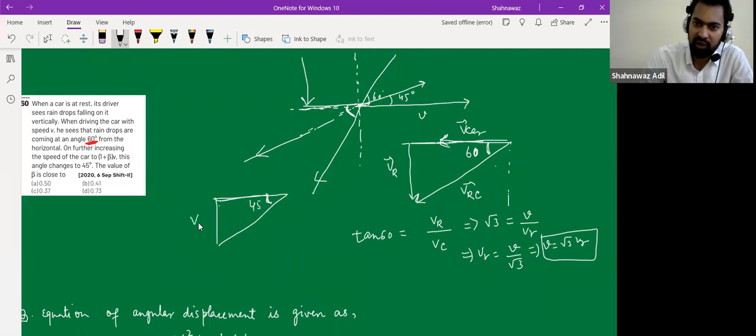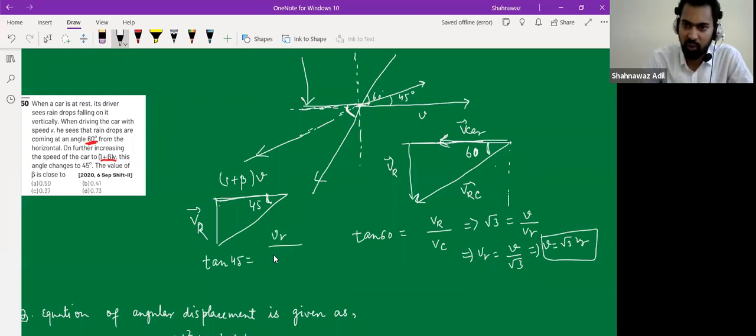And this is the velocity of the ray. And the velocity of the car changes to 1 plus beta V. Okay. So now what will be tan 45? Tan 45 will be VR by 1 plus beta V, right?